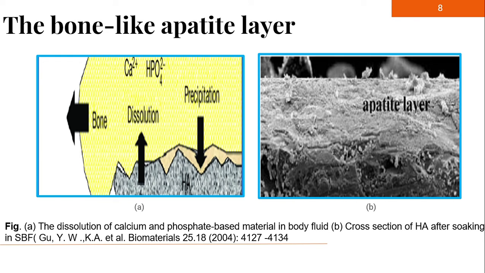In the following figure, the apatite is formed at the surface of the material, and the newly born bone from it will fill up the gap between the surrounding bone and the apatite layer. Then chemical bonding is formed between the apatite and the surface of the material. This is the essential requirement for the material to connect to the living bone.